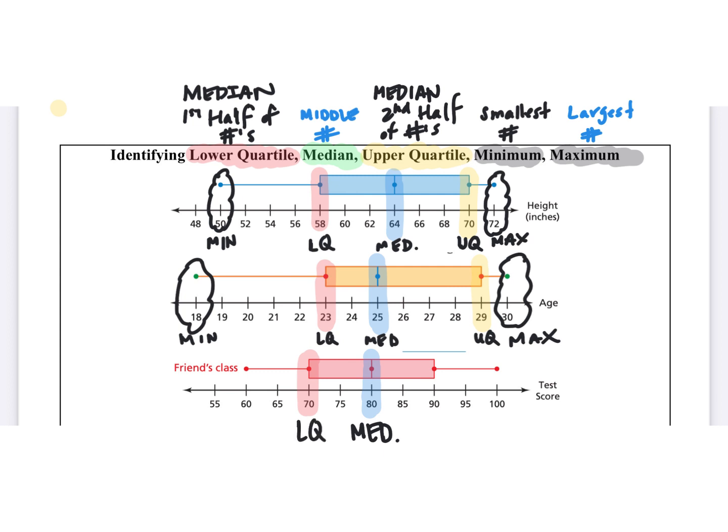And our upper quartile, which is the median for the second half, is 90. Okay, so that's our upper quartile. And again, the first dot, not the first number on the number line, and the last dot on the number line are our minimum and our maximum. Okay, so you can go ahead and make sure you have this completed, and we will go on to the next part.